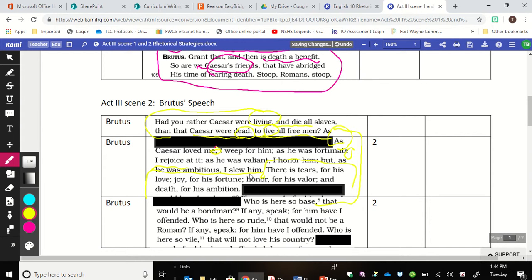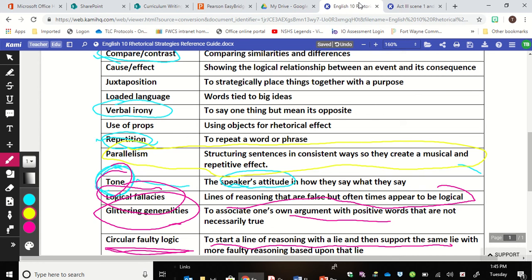"There is tears for his love, joy for his fortune, honor for his valor, and death for his ambition." Once again, those are all really good examples of this musical structure, how the sentences work. There was always a pause right in the middle of the sentence, and one sentence lined up with the same structure as the next. And that's what parallel structure essentially is.